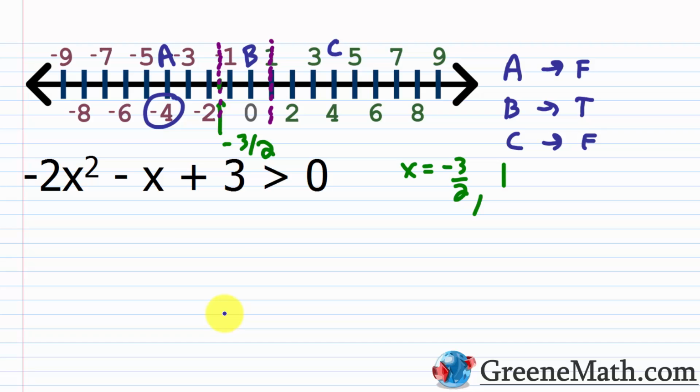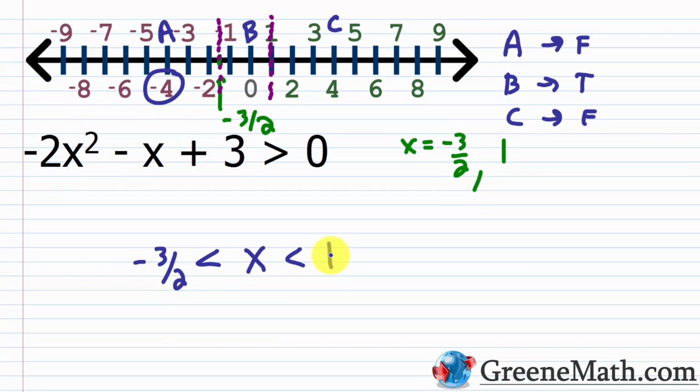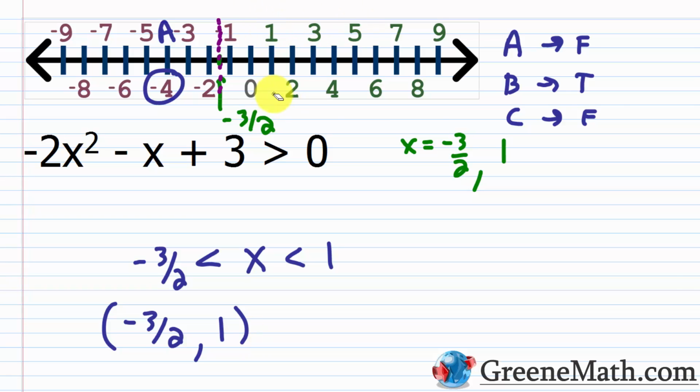We have a strict inequality, so the endpoints or the boundaries of the critical values will not work. So I can say that x is greater than negative 3/2 and less than positive 1. In interval notation, I would have negative 3/2 next to a parenthesis, comma, 1 next to a parenthesis. Graphically, let me erase all this.